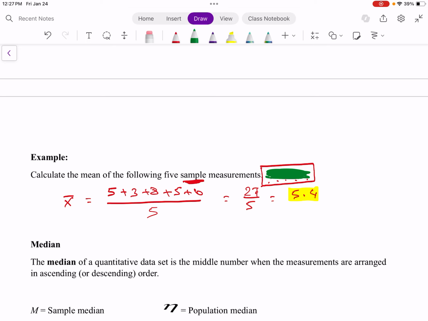You may not be able to find them exactly, but you can find the possibilities. Do you think it will be possible to have 50 as one of the 5 measurements? The mean is 5.4, so is it possible to have 50? No, right? Or yes, if the rest of your numbers are really low.